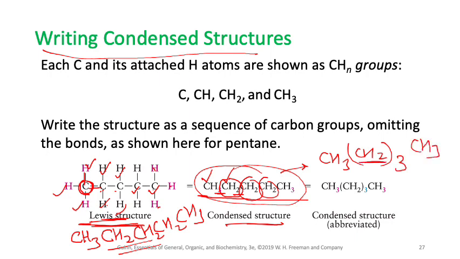The parentheses tell you that we are repeating this CH2 unit multiple times, in this case 3 times. So instead of writing CH2, CH2, CH2 again, I am just writing CH2 one time and putting a parenthesis with 3, so that we know we are repeating this CH2 3 times in this condensed structure. This is how you normally write the condensed structure. Let's go to the next slide and try some more problems based on this concept.